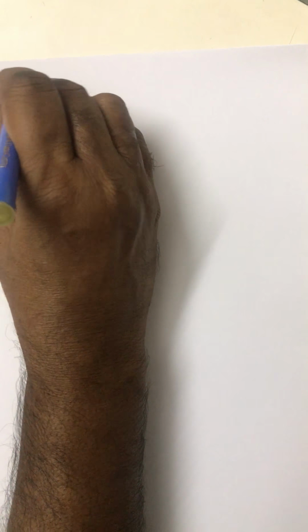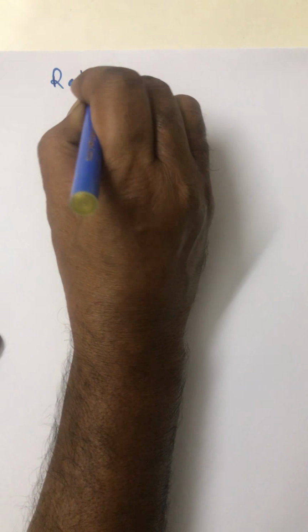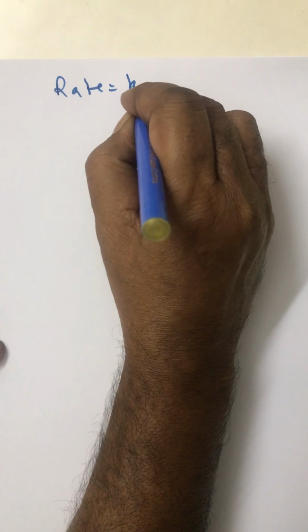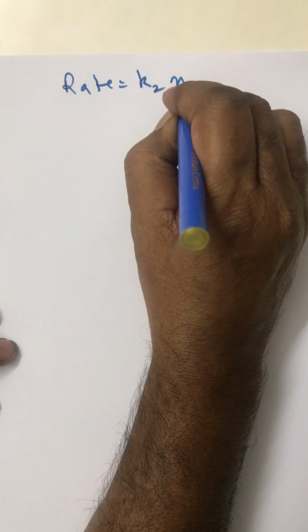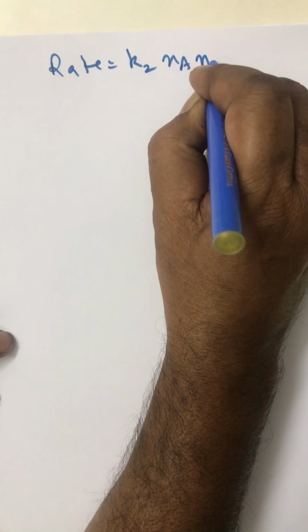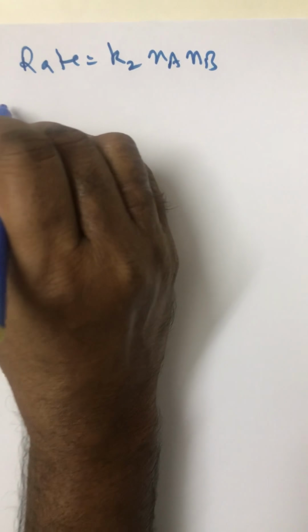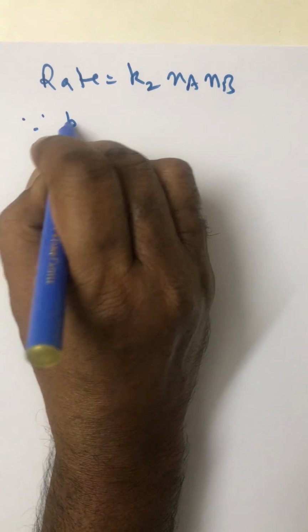Rate, as you know, is k2 NA NB, since it is the bimolecular collision.